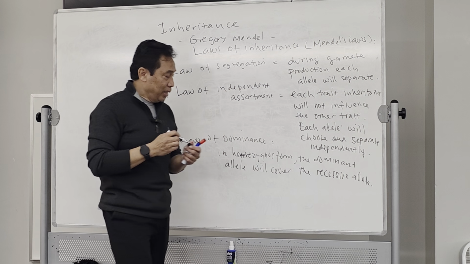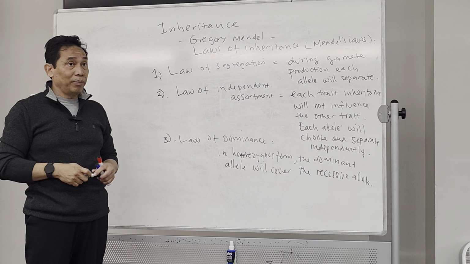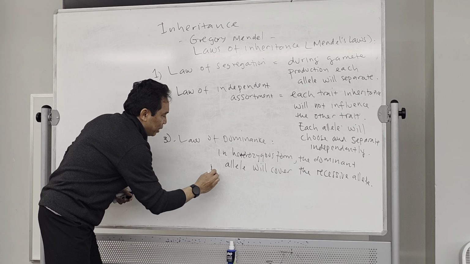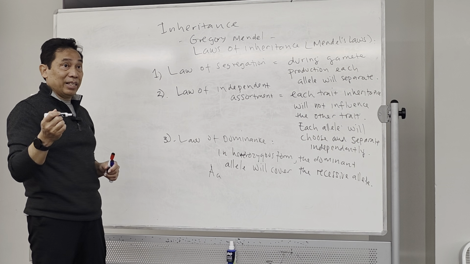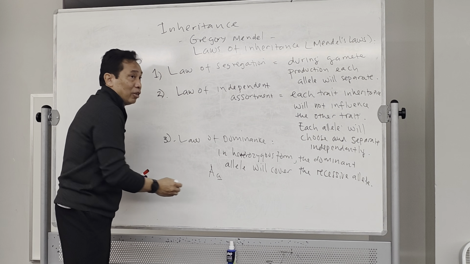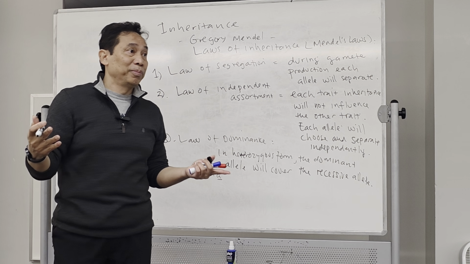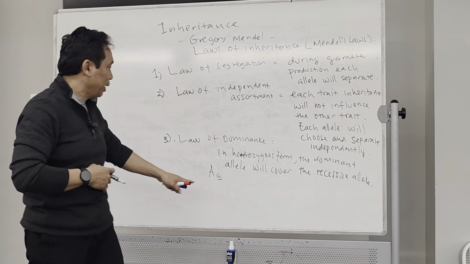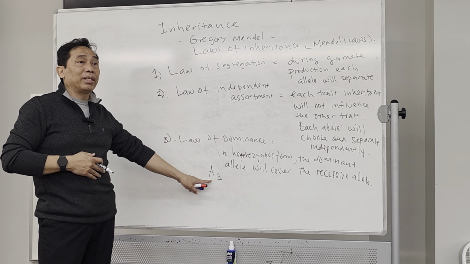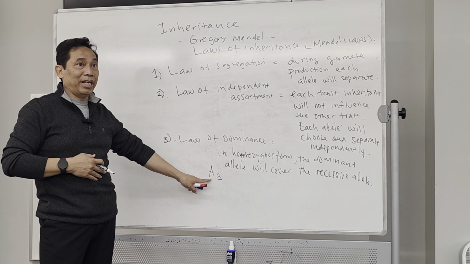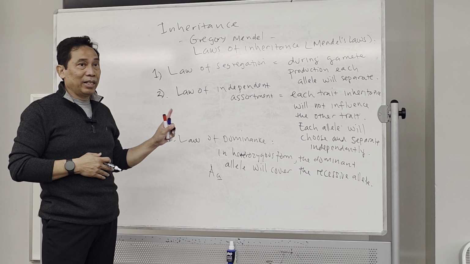For example, if it is a capital letter with a lowercase, the character of the lowercase will not show up because it's covered by the character of the capital, or dominant, allele. That's the law of dominance.